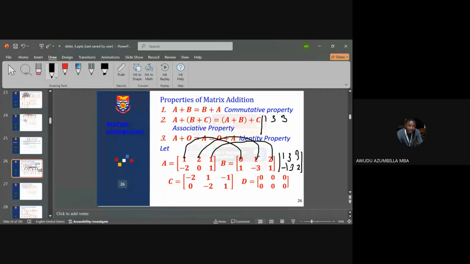Then in the second row, you are going to get 1 plus negative 2, which is negative 1. And then 3 plus 0, you are going to get 3. And then 1 plus 1, you are going to get 2.